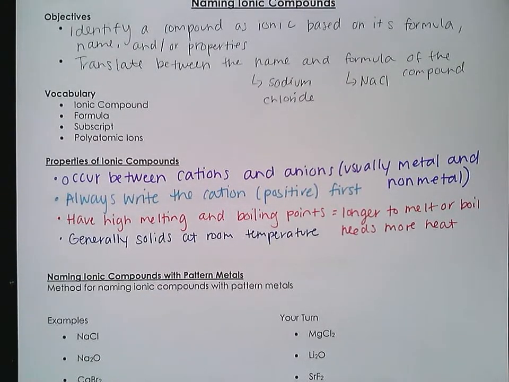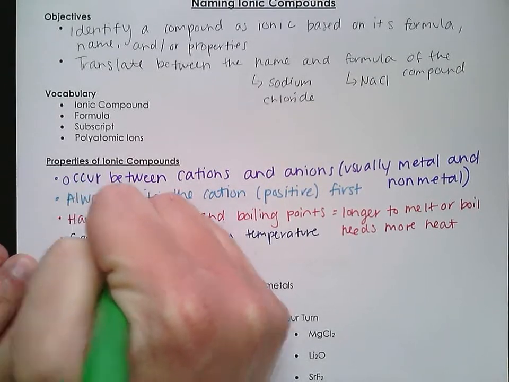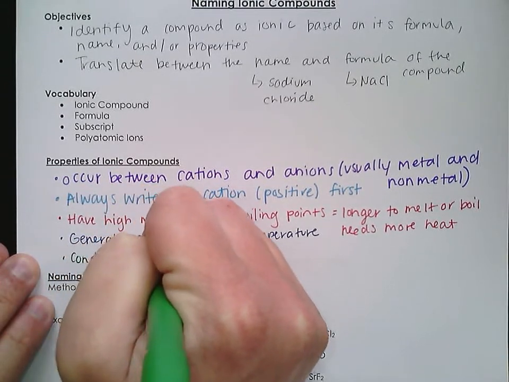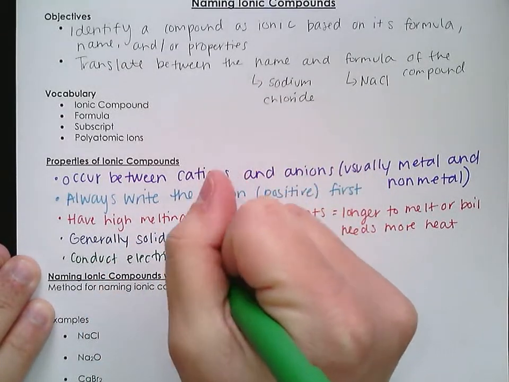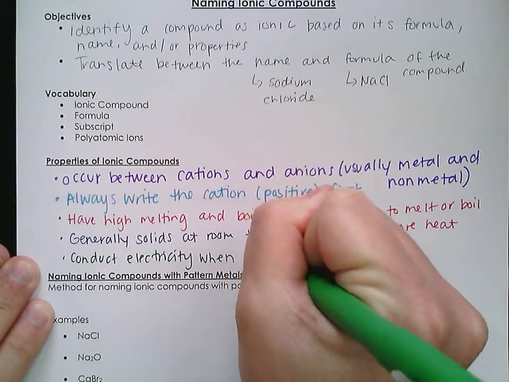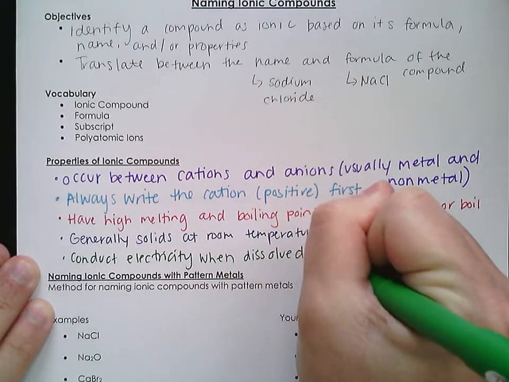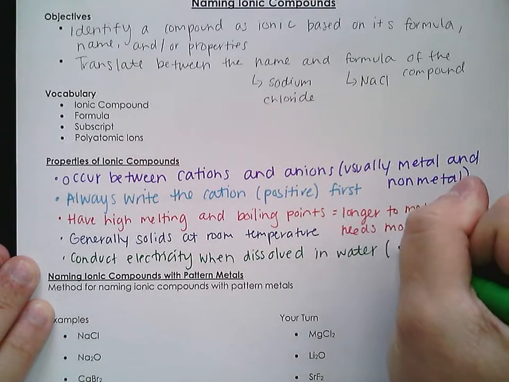And then the very last thing, and again, if we get to do that lab, you'll see that, is that ionic compounds generally conduct electricity when dissolved in water. Think about charges.